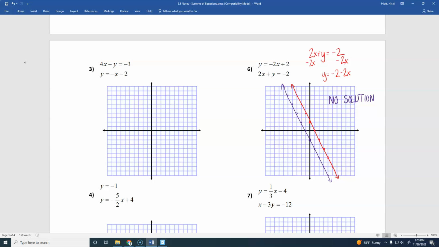I don't think you're going to see it happen on these problems on the notes, but let's make a note right here. If the two lines are the same line, we would call that infinitely many solutions.